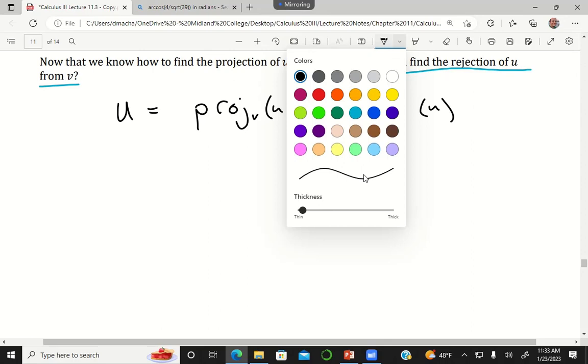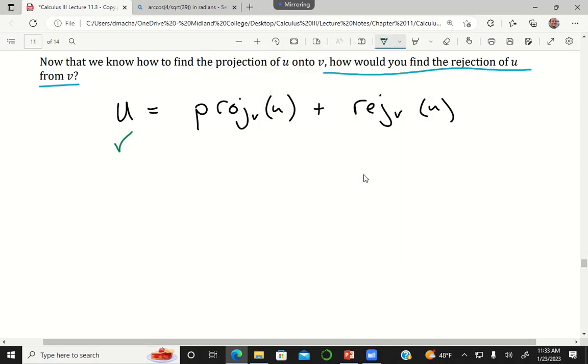And you'd say, okay, I know my u vector. I just learned a formula for calculating this projection vector, right? We just copied that into our notes. And so now that I know this part of the equation and this part of the equation, all I have to do to find the rejection is take u minus the projection, and that's what's going to give me the rejection. That's how you figure that out if you're ever asked.